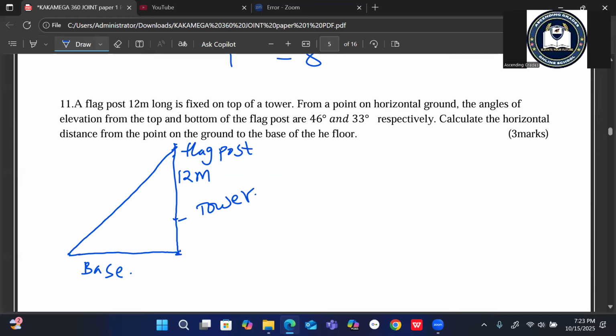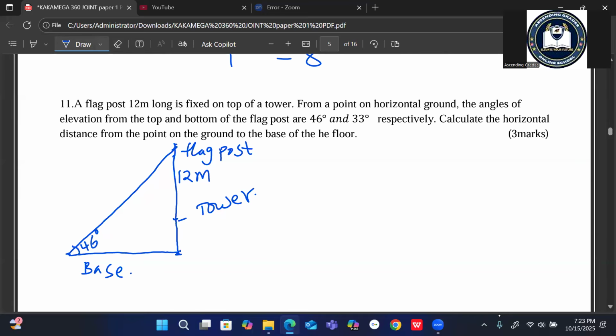The angles of elevation from the top, so the top of the flag post, that one is 46 degrees.